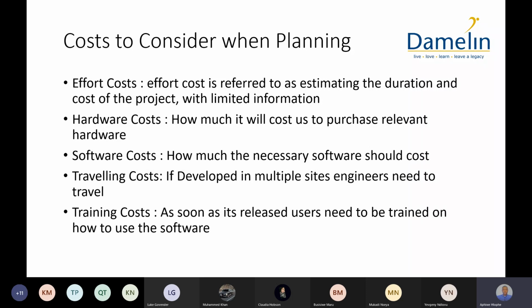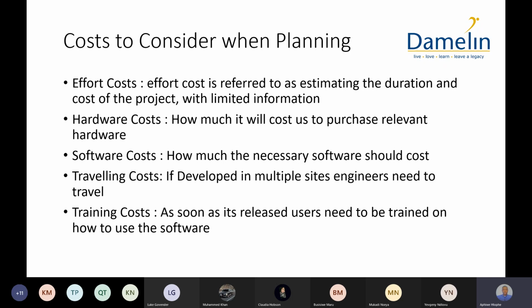Traveling costs, if people need to travel, if they're working on the same project and they need to travel to different locations, okay? Take a flight from here to another city, another province, how much, you know, that needs to be taken into account. They're not going to be paying for that for themselves because they're traveling for business purposes.